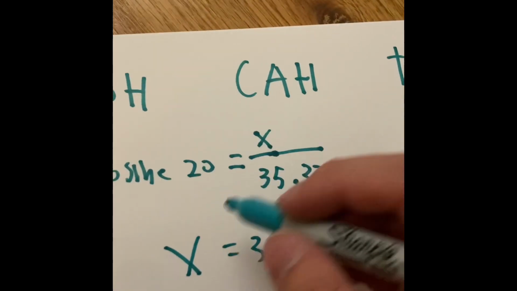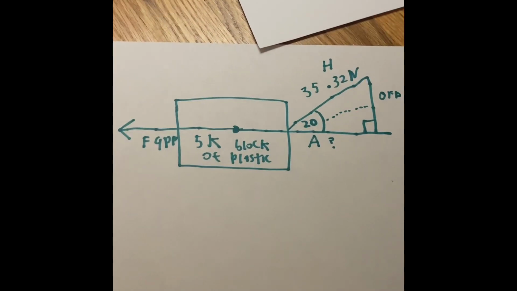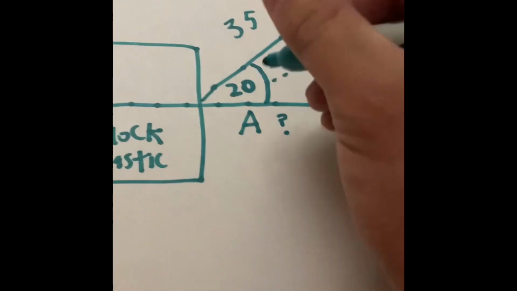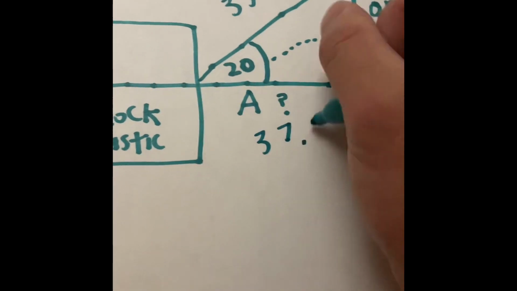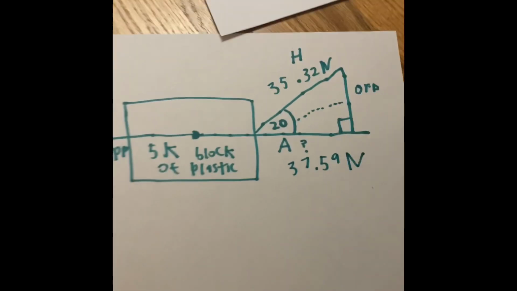That number is explaining that even though you have a force of 35.32 newtons at a 20 degree angle, your x is going to be 37.59 newtons to the left, horizontally.